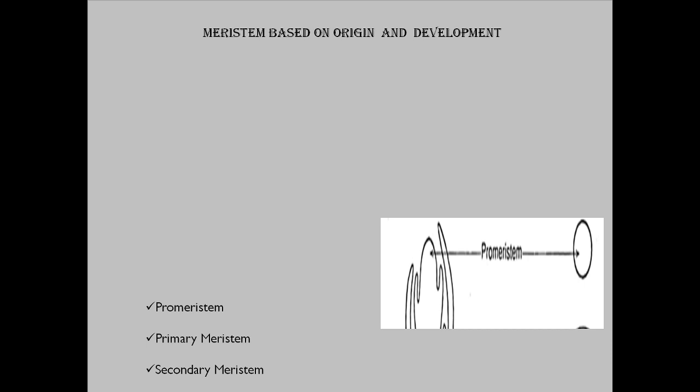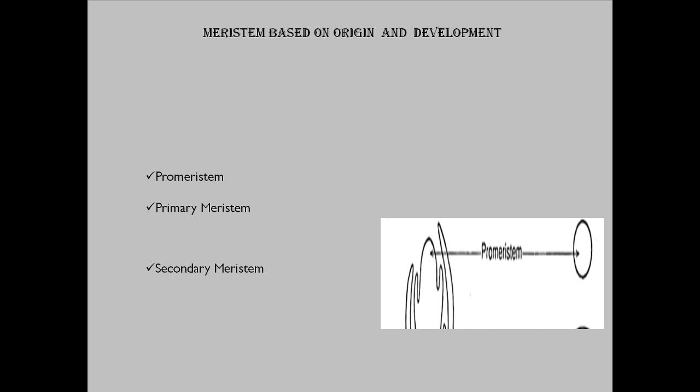The first classification of meristematic tissue, based on origin and development, is categorized into three types: promeristem, primary meristem, and the third is the secondary meristem.